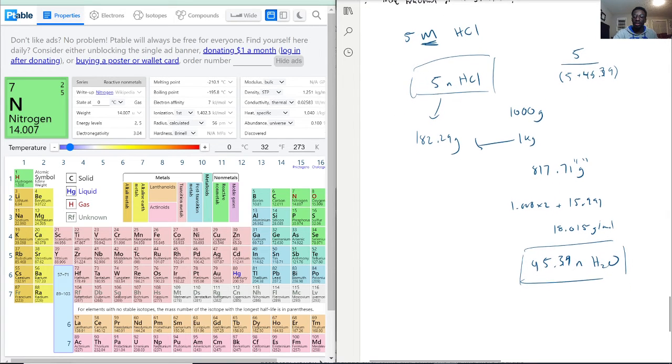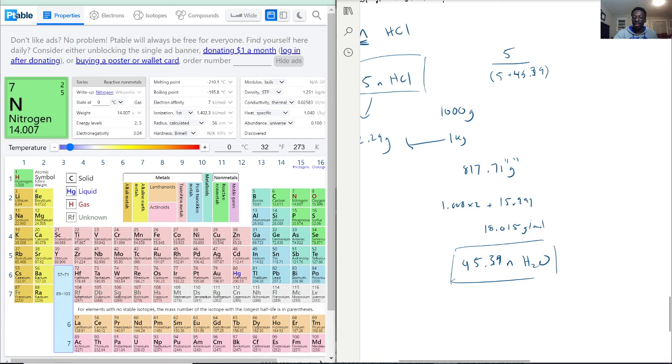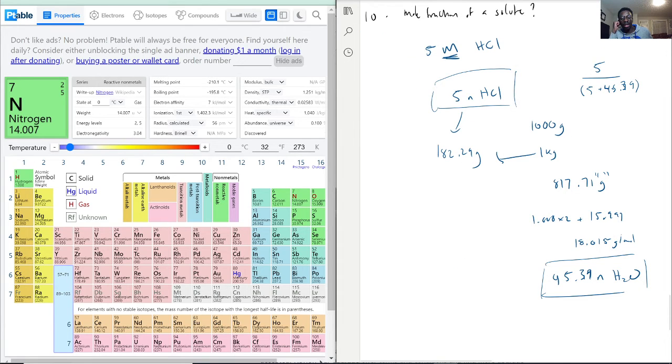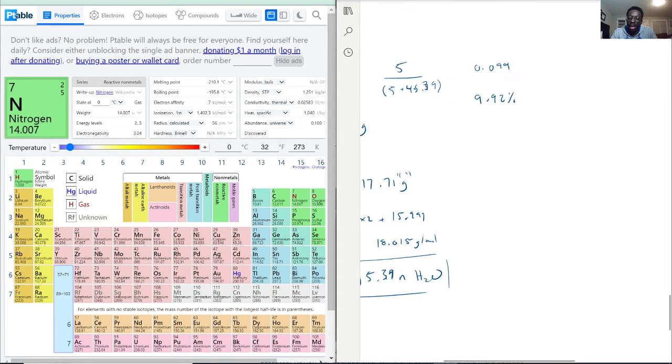Our mole fraction of HCl in this is going to be times 100, because we need a percentage. I like to do the percentage, but you can also just do fractions. It will be 0.099 fraction, or 9.92% of 5 molarity of HCl is just HCl.